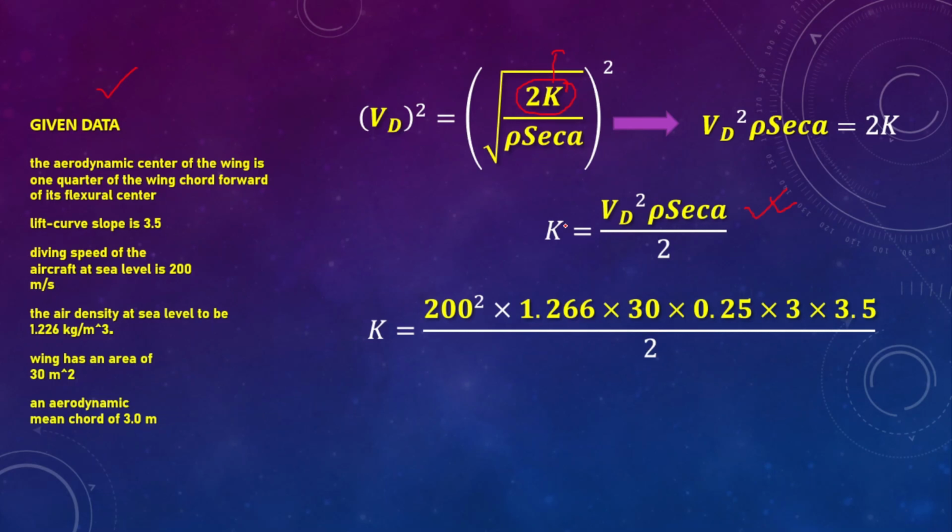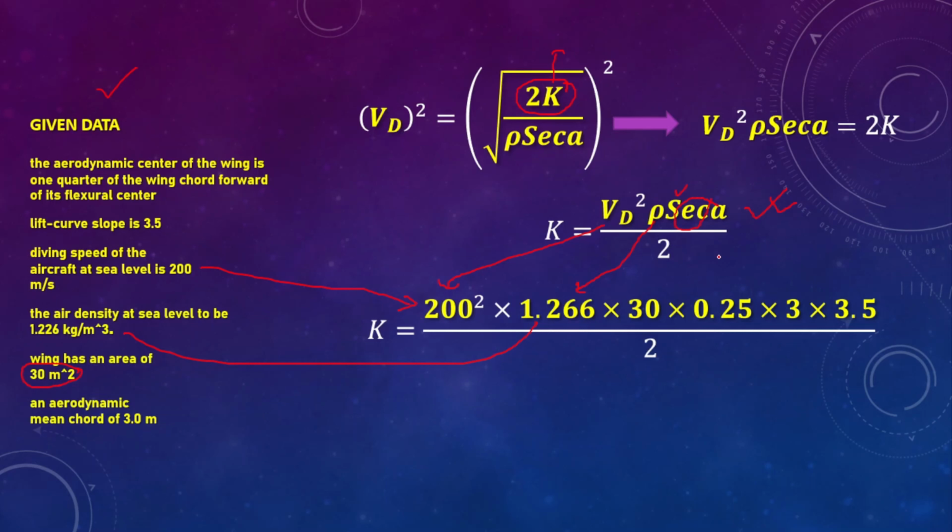For example, the divergence speed is given, like diving speed is given 200, as you can see from this given data. Then we have rho, which is 1.266. Okay, here it's given. Then this is the wing area, which is 30.